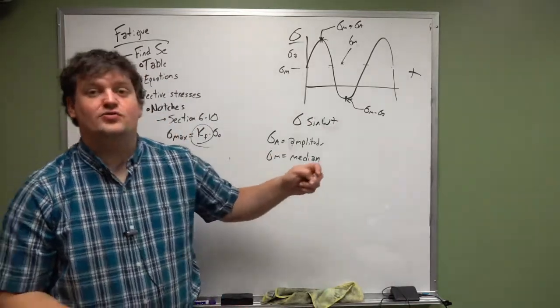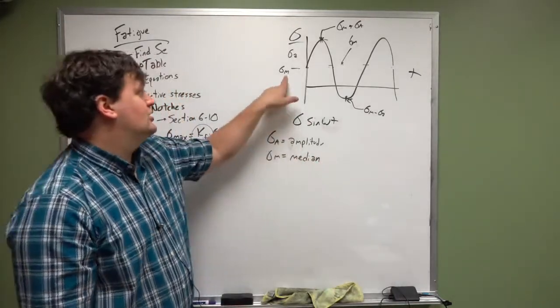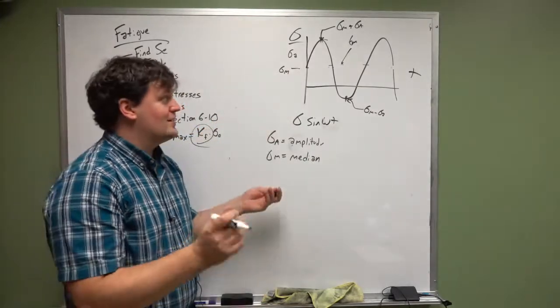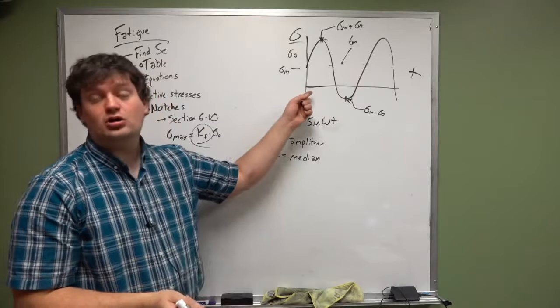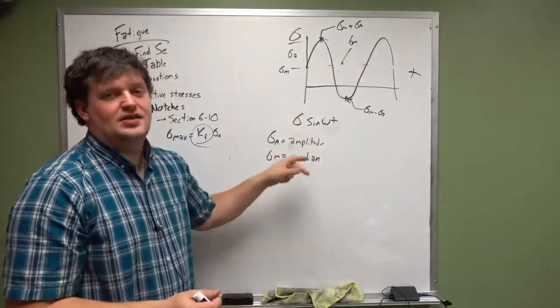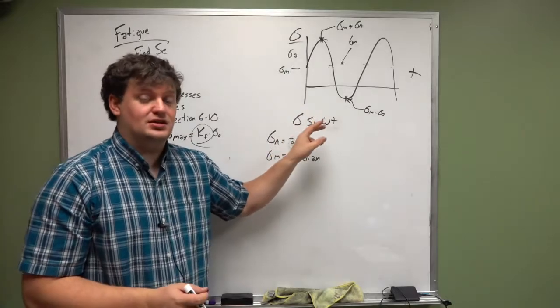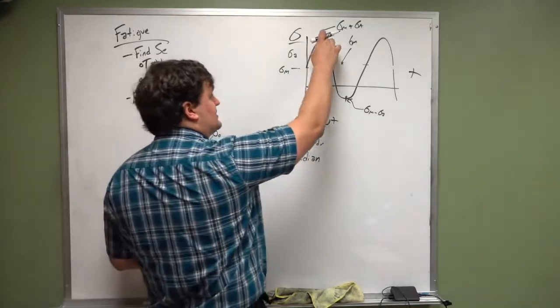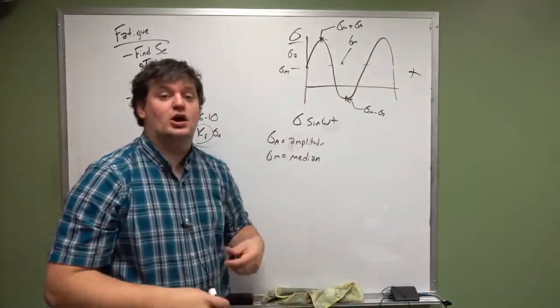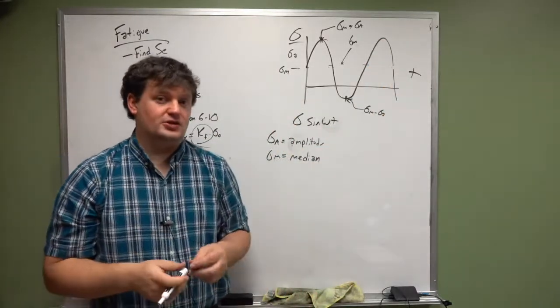We no longer have to have what's called fully reversed loading, because in fully reversed loading, sigma_m equals 0. In non-fully reversed loading, sigma_m no longer equals 0, and now we have a loading condition that looks like this. This is not as severe as it would be if we were to take this maximum value and fully reverse it every time. So we are going to get a different set of failure conditions.